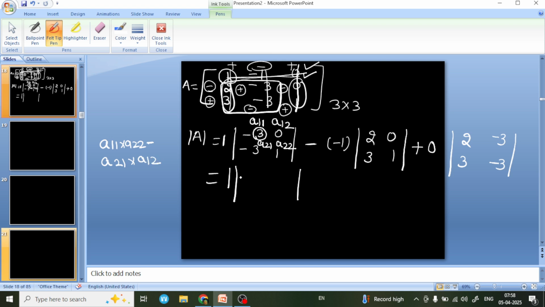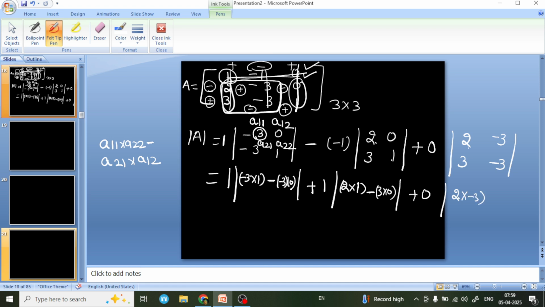So -3 multiply 1, and take the sign minus. Again -3 multiply 0. Minus minus plus 1. 2 multiply 1 minus 3 multiply 0 plus 0. 2 multiply -3, 3 multiply -3.